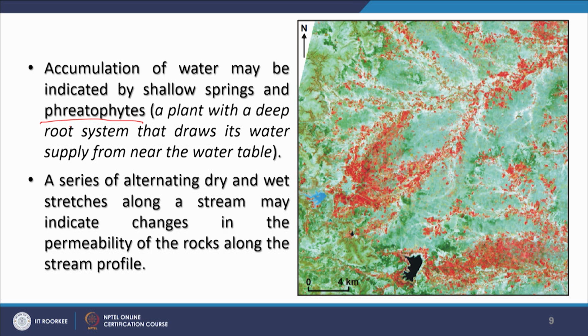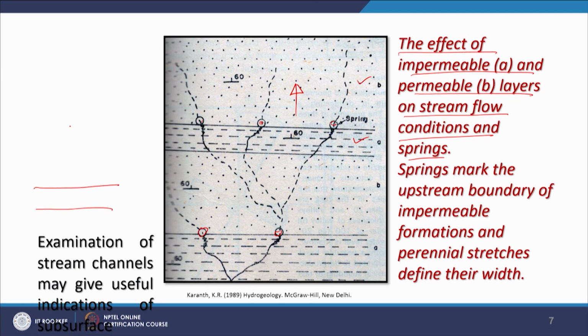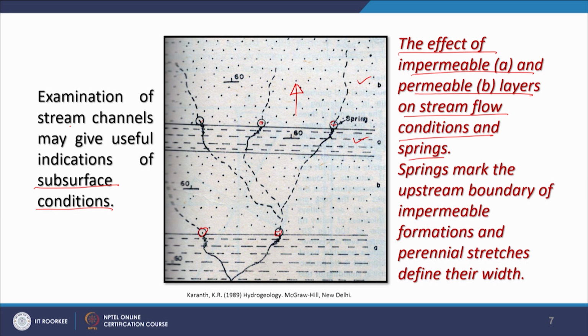A series of alternating dry and wet stretches along a stream may also indicate changes in the permeability of rocks along the stream profile. This is the figure I showed earlier, where we have a series of alternate rocks, less pervious, more pervious and so on, and therefore you see these springs and streams.